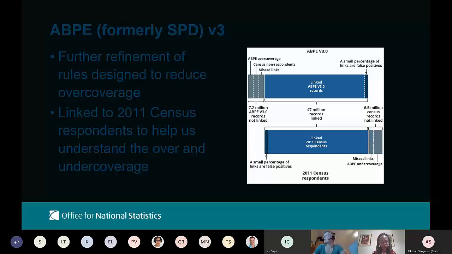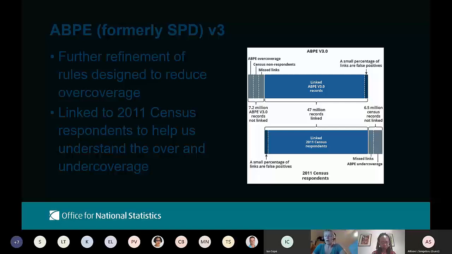So we linked 47 million records. There were then a further 7.2 million on our ABPE that we didn't find in the census, and 6.5 million on the census that we didn't find in the ABPE. Now we know that a proportion of those will be missed links where our linkage variables just didn't pick up those links.